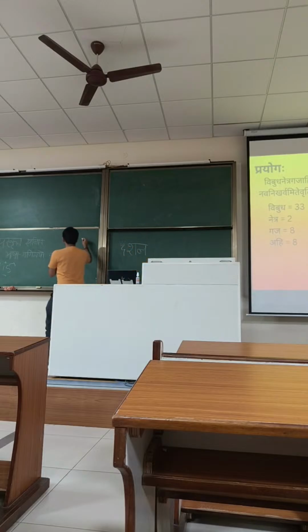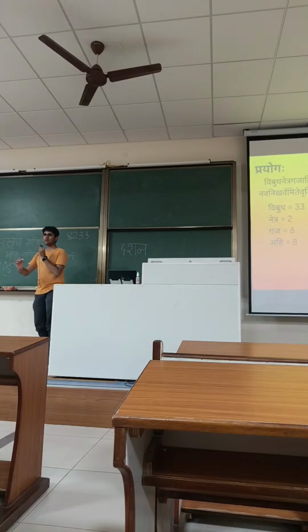So it is Vibhuda, then Netra, Gaja. Gaja is elephant, so Diggaj. There are 8 Diggajas. Ahi is Naga. There are 8 Naga Lokas, I think. The number 8 is associated with the snakes usually. Then Hutashana, Hutam Ashanam Yena, the one that burns.